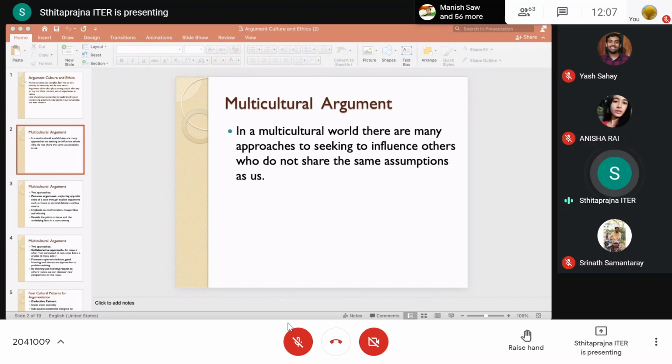So we will learn the two approaches of how to argue, how to convince, how to persuade our audience who do not share our cultural experience or cultural narratives. So that is the purpose. We are being very specific here.